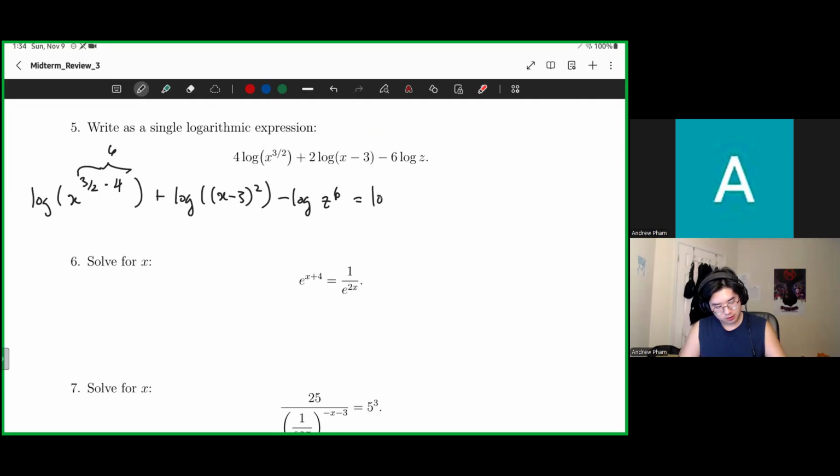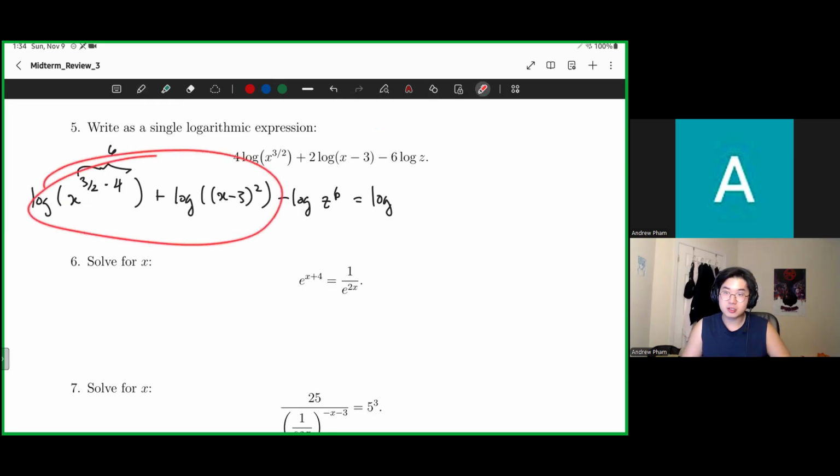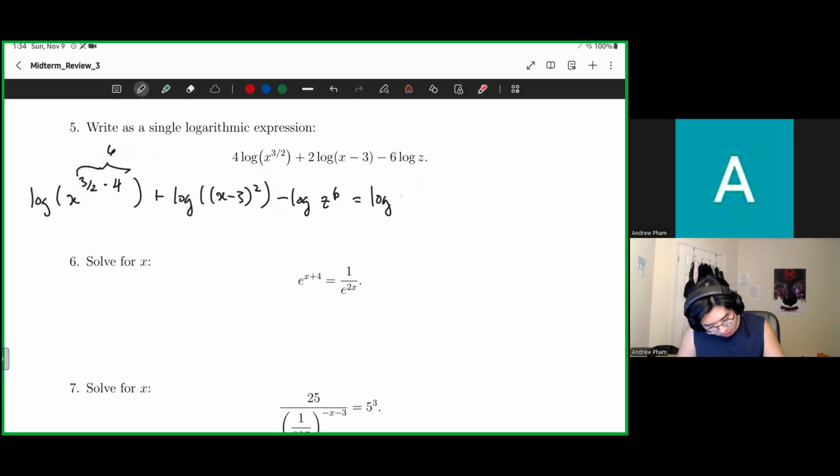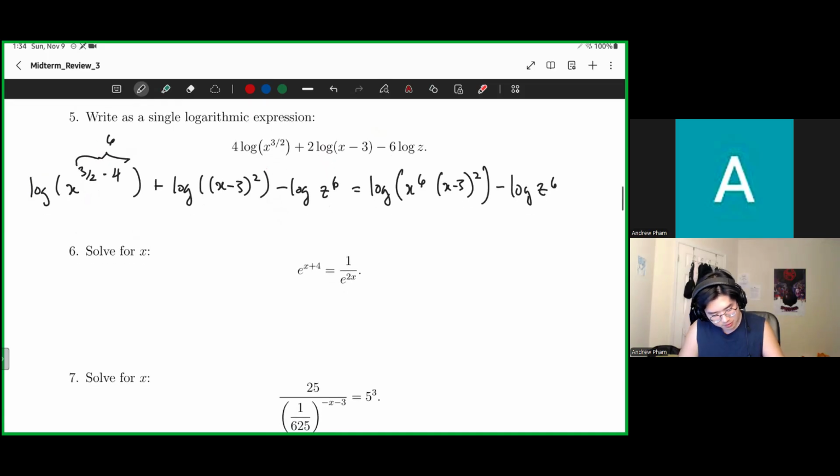All right. Now, we know that adding logs of the same base means I'm multiplying the arguments together. So I can write these first two as a product in the same logarithm. So I can have logarithm of x to the 6 times x minus 3 squared, minus log base 10 of z to the 6.